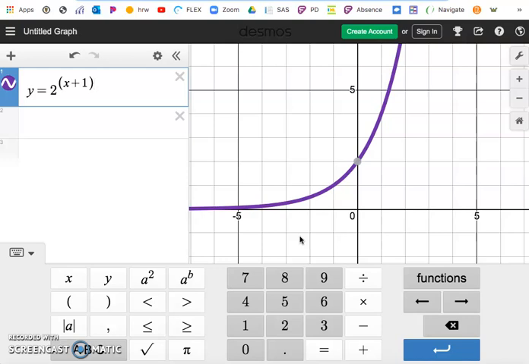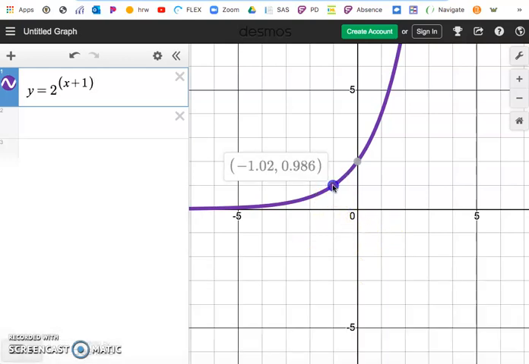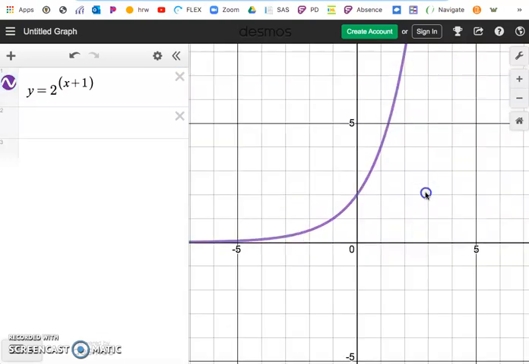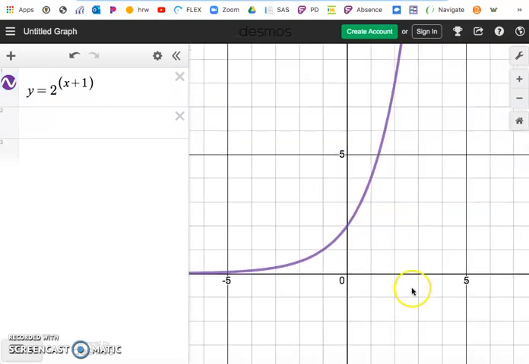We'll just do them in order. So -1, go up here, is 1. 0, 2, that's going to be your y-intercept. And then 1, 4. And then we might have to go up a little bit. And then x equals 2 is at 8, so 2, 8.